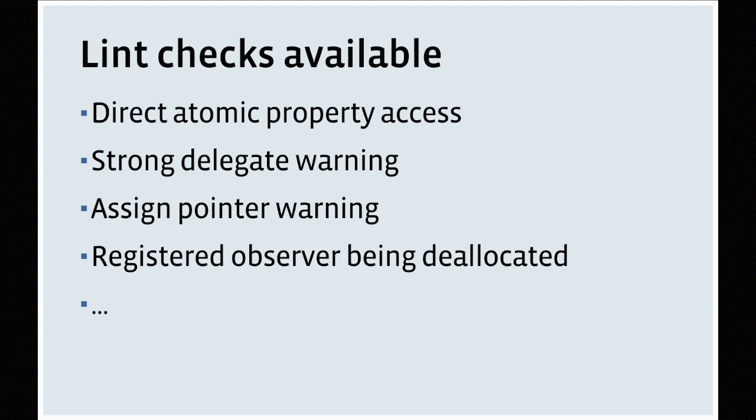Or when you register an observer using NSNotificationCenter, and then this observer is already going out of scope and wasn't removed. So we also warn you for that. So these are specific checks that people at Facebook have found useful, and we have implemented them. And the idea is that the framework can be extendable to checks that people can find useful.